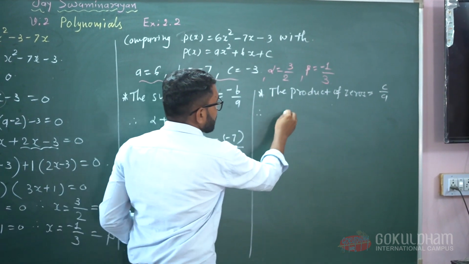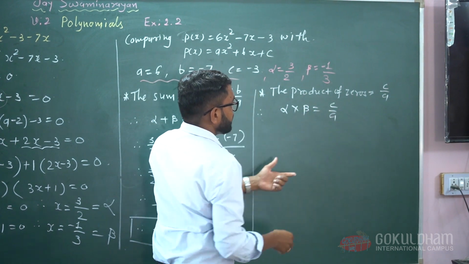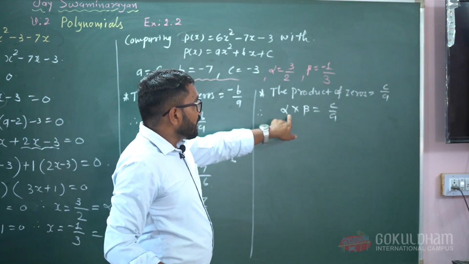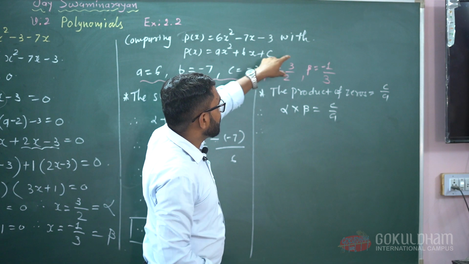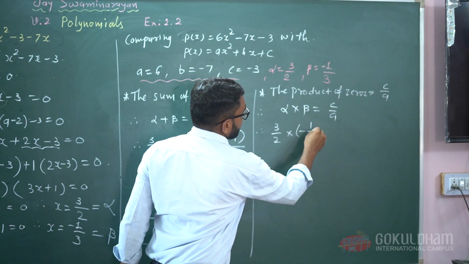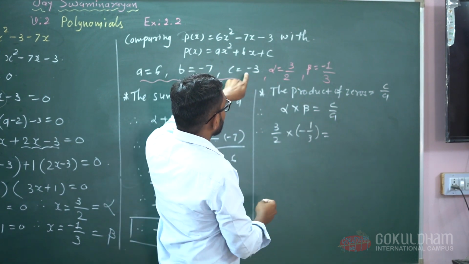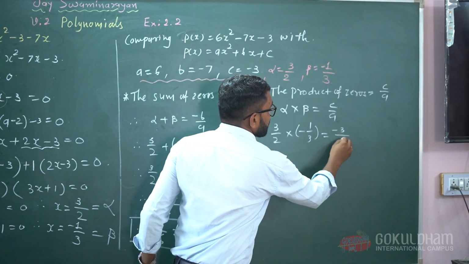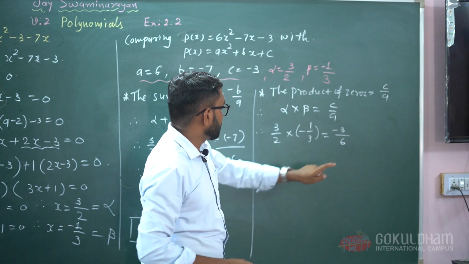So alpha and beta are zeros, and c by a is the coefficient ratio. Now put the values of alpha, beta and the coefficients. The value of alpha equal to 3 by 2 multiplied by minus 1 by 3 equals the value of the constant term. C means constant term, equal to minus 3, and a equal to 6.